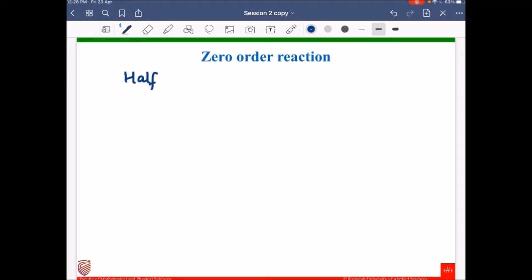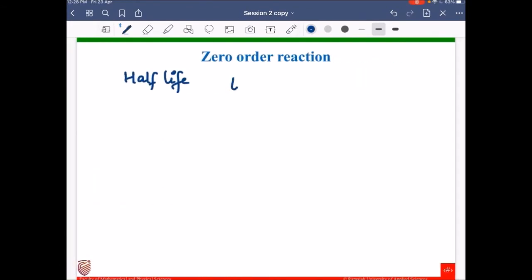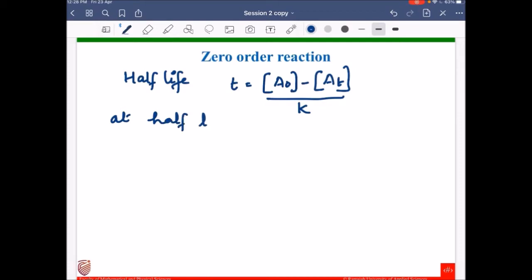Now if you want to get half-life for this zero order reaction, we can rewrite this equation in terms of t. Then we will get an equation like this: t equal to initial concentration minus final concentration divided by the rate constant K. Now half-life we will be representing as t half.